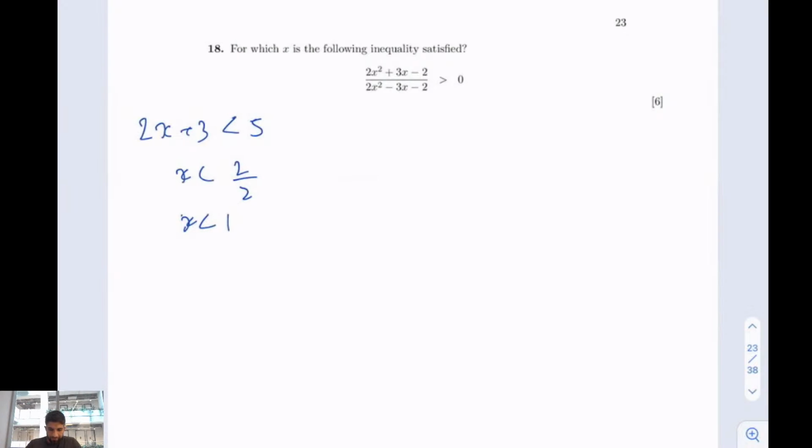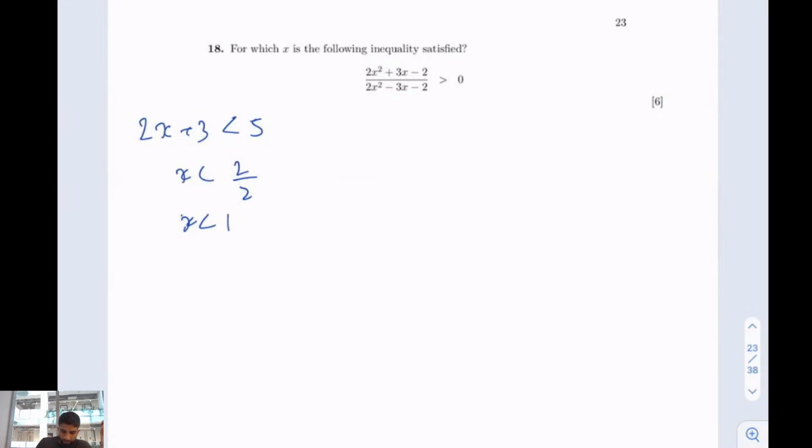However, when you have quadratic expressions, polynomials, or fractions like this, it can get a bit more complicated. The issue is when you multiply both sides of an inequality by a negative number, you need to change the sign of the inequality.